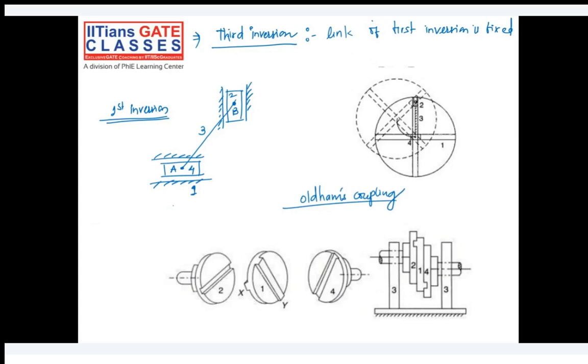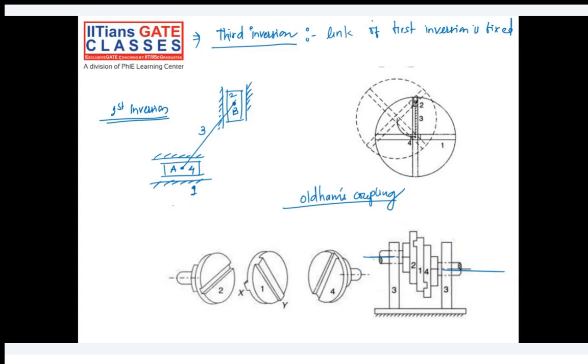Okay, so try to understand here, this link 3 is fixed. So link 3 is more or less similar like this, and link 1 is made in such a way that the slots are provided on the outer side of the link 1, which will be fixed in the slots of link number 2 and 4.